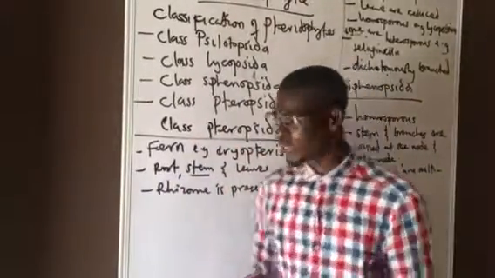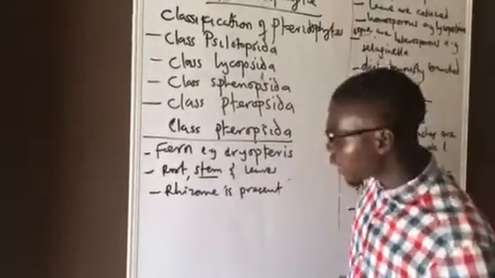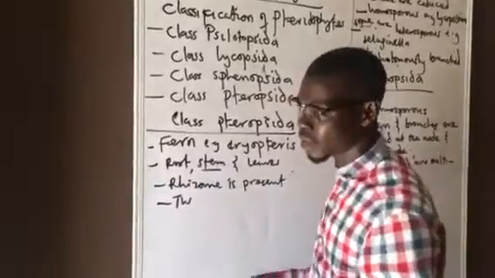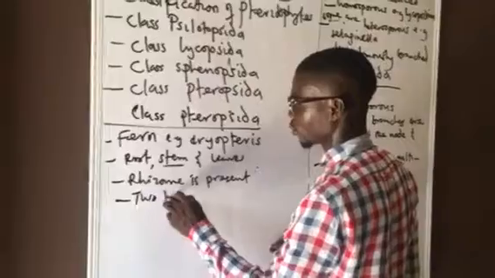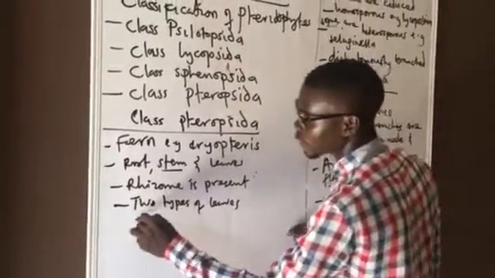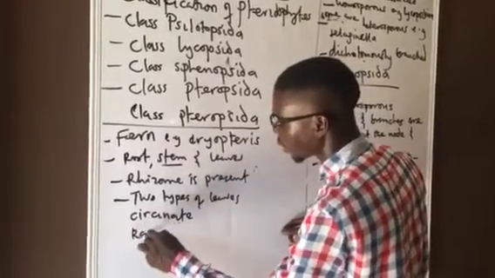We also move to the stem. The stem produces the leaves, and there are two types of leaves. We have the circinate and the ramenta.